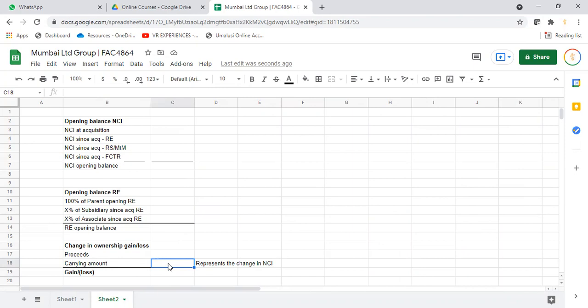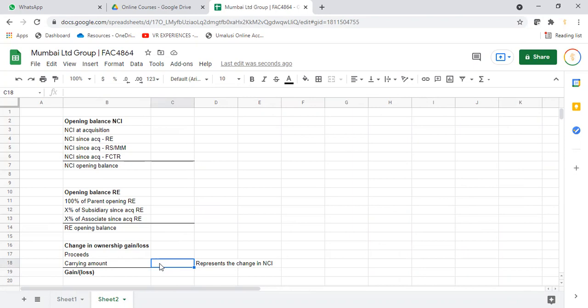So basically, how do we get the carrying amount? Like I said, when we do PPE, we take the carrying amount, cost minus accumulated depreciation. Over here, the carrying amount is a business. So we need to get the carrying amount of the business. Because the business is a subsidiary, we must apply consolidation. So we ask ourselves, what is the equity balance at the date of sale from a group perspective? From a group perspective means you must use consolidation principles.